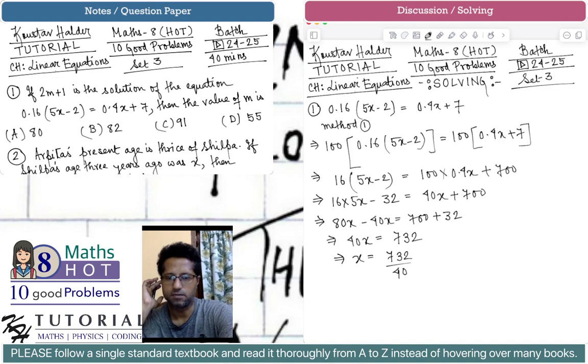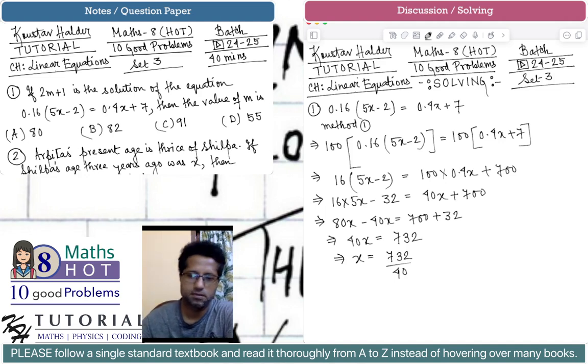This implies 16 into 5x is 80x. 80x minus 40x is equal to 732. So this implies x is equal to 732 by 40.